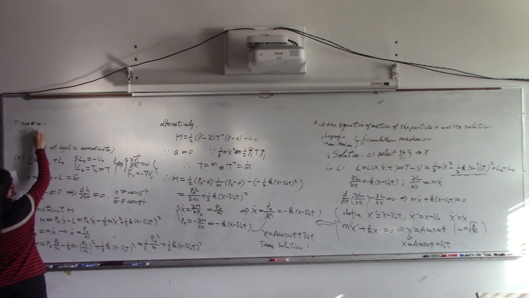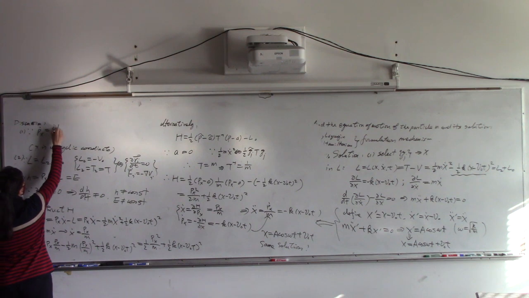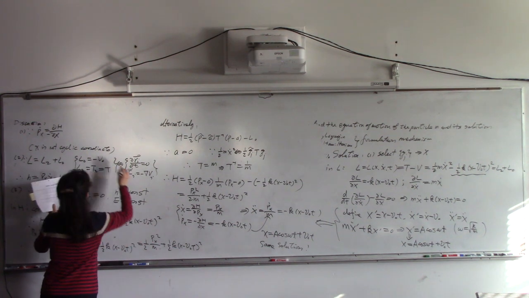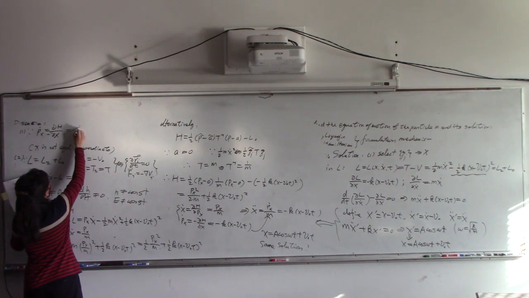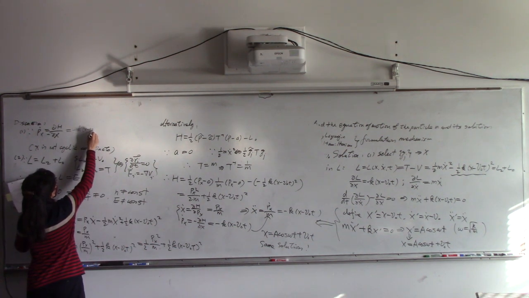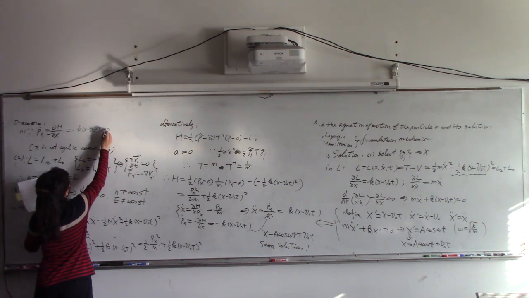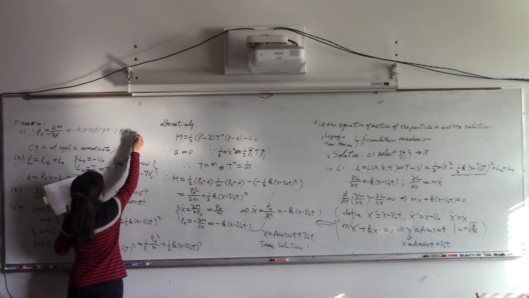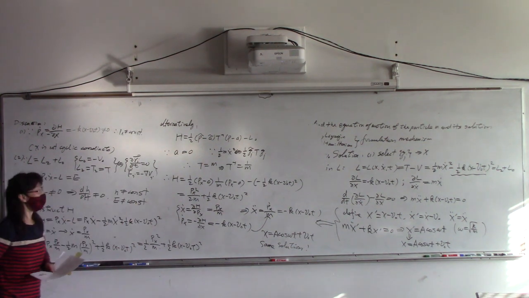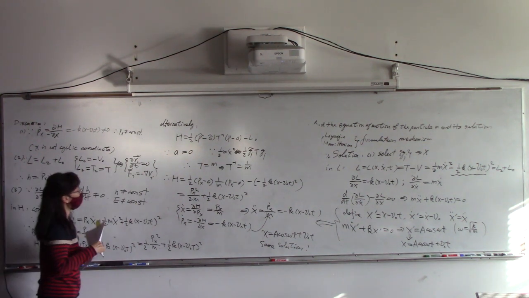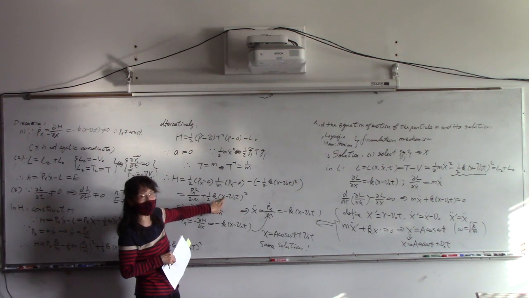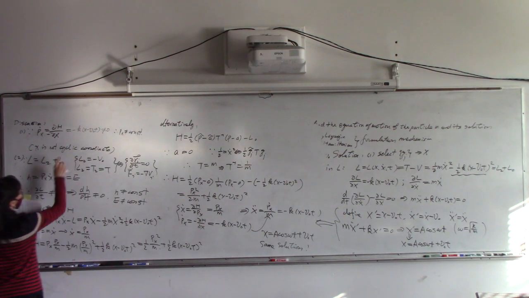Because Px dot is negative partial H partial x, which is equal to negative k (x minus v naught t). It's not equal to 0. So Px is not constant. And that's because in the Hamiltonian we have x, so x is not cyclic. That is the same thing here.